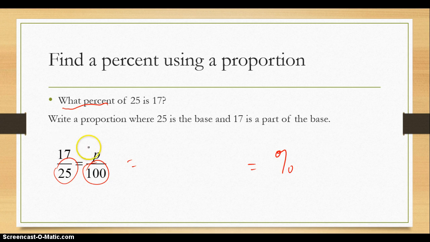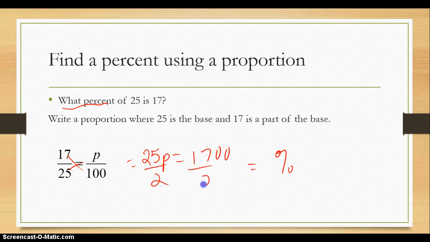Okay, so we have our proportion here. We're going to solve it the same way you've solved it before. We're going to cross multiply. And what some of you did on your quiz, we need to make sure we don't do: you don't simplify, even though you can simplify here. You don't simplify or cross reduce. You just use cross multiplication. Then to get 25 by itself, you divide by 25, not by 2.